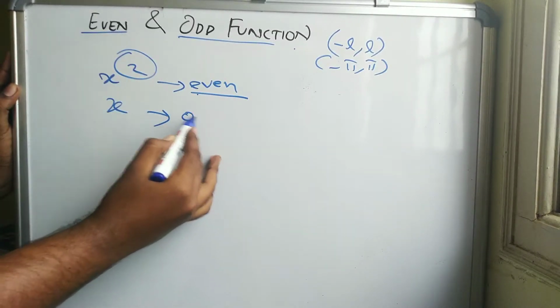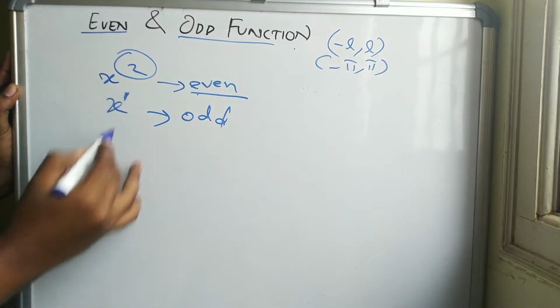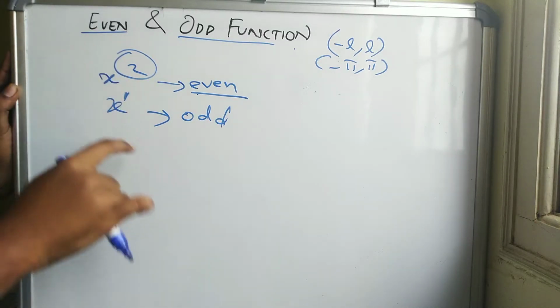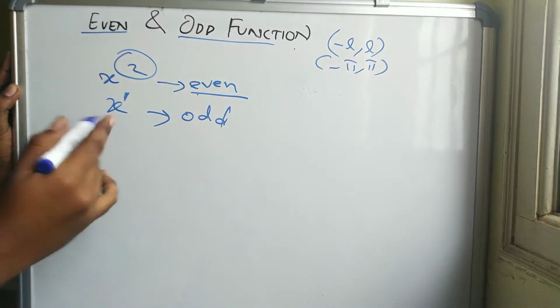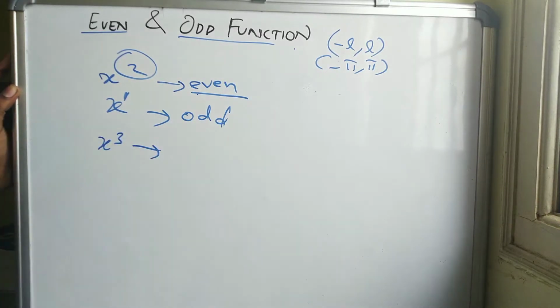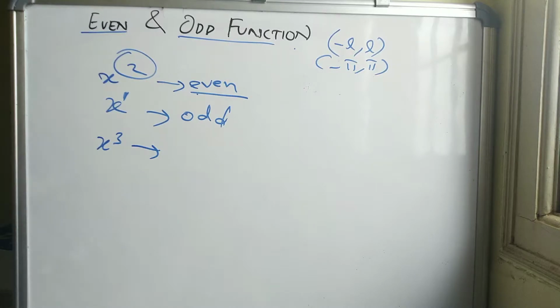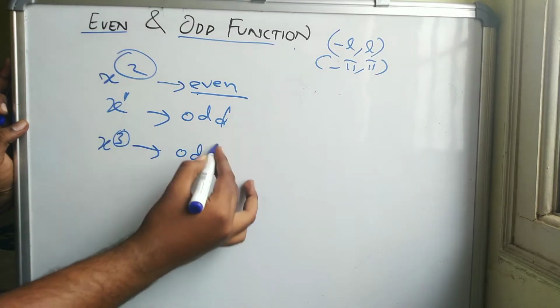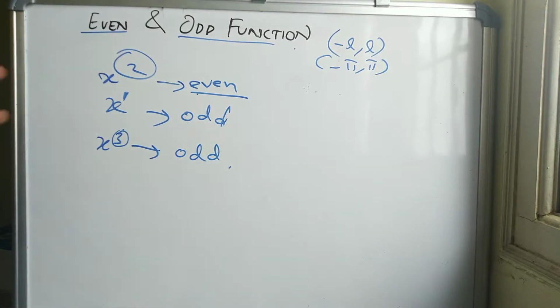X is odd, why? The power is odd. X to the power nothing is there, that means 1 is there, so x power 1 is an odd number, so it is an odd function. That's it. X cube will be even or odd? It will be an odd function, since the power is odd.